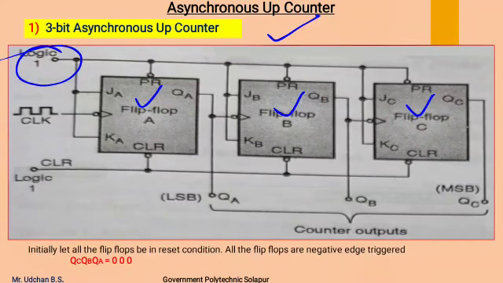As we see, the first flip-flop, that is flip-flop A, has the external clock pulse, whereas the second flip-flop has a clock input of the output of flip-flop A, and flip-flop C has a clock input of the output of flip-flop B. Each flip-flop is a negative edge triggered flip-flop, meaning its output will change at the negative edge of the clock pulse.